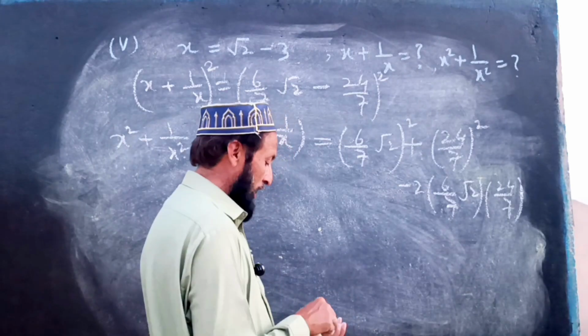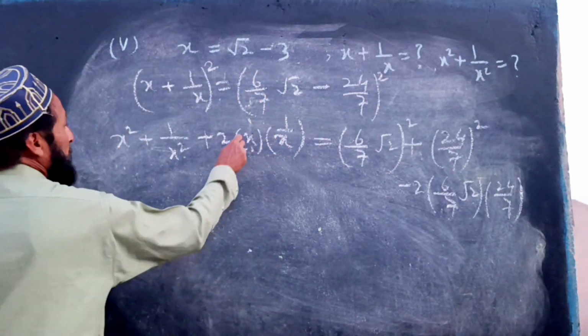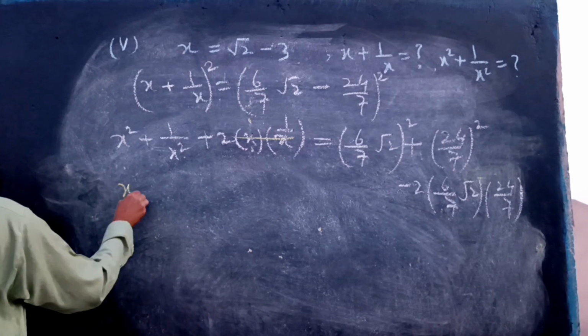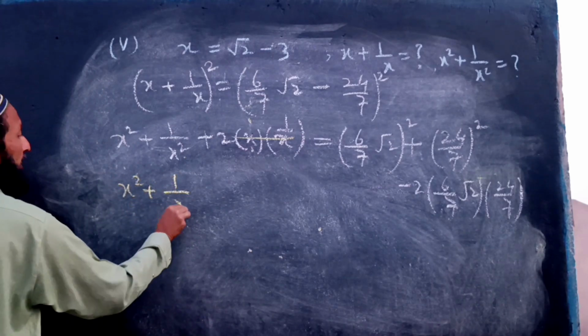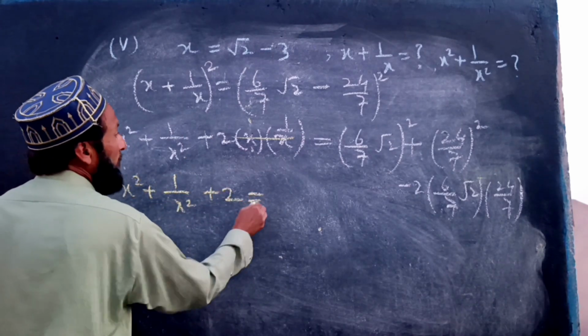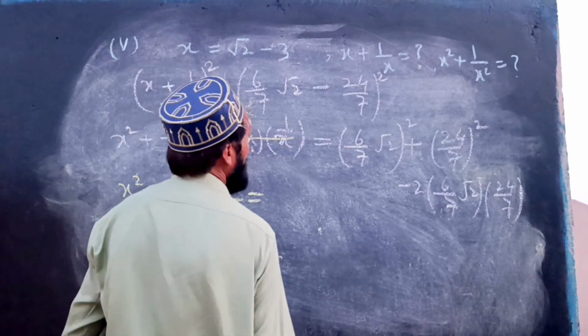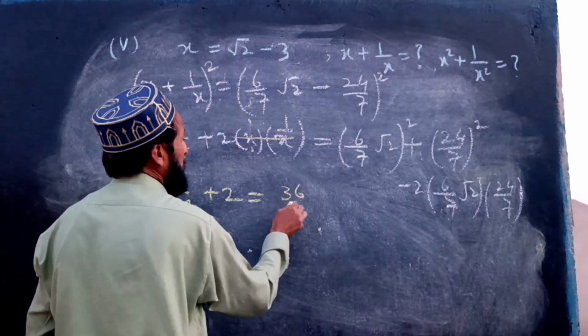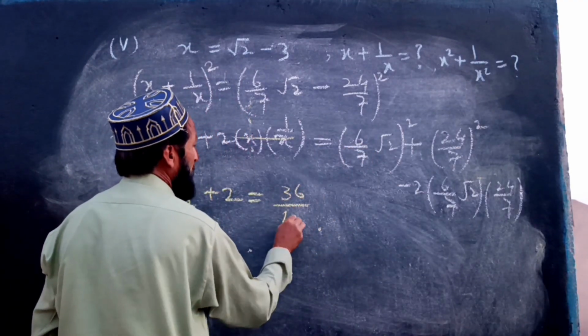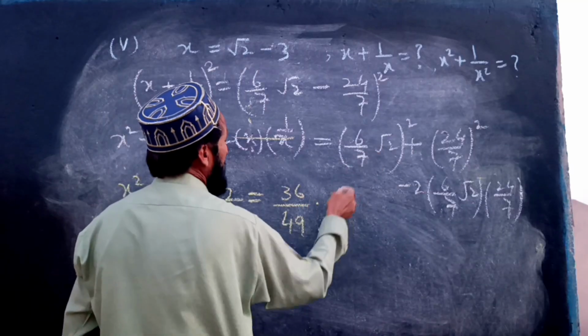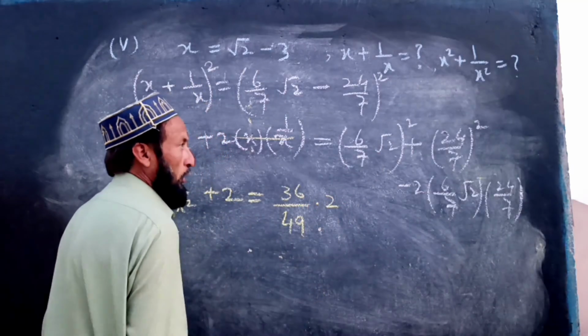If we try to solve, what will happen in here? So both are cancelled. x square plus 1 by x square plus 2 is equal to, so this will be equal to 36. 6 square is 36, 7 square is 49, and the square root is cancelled with square root.